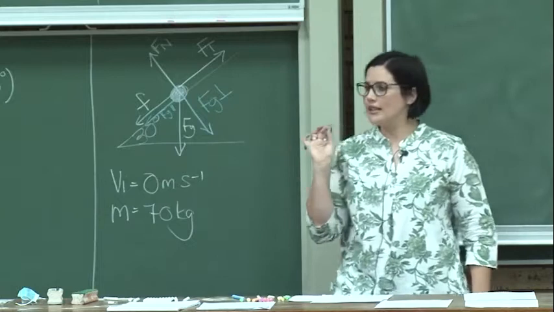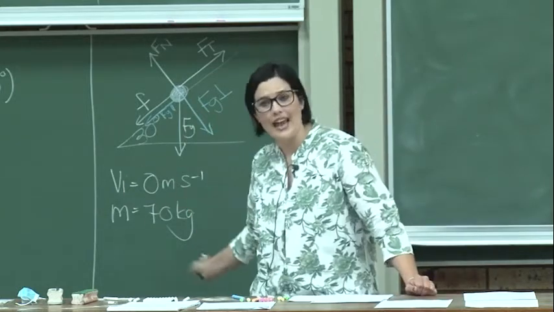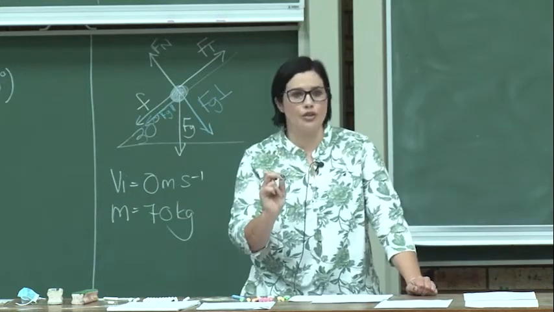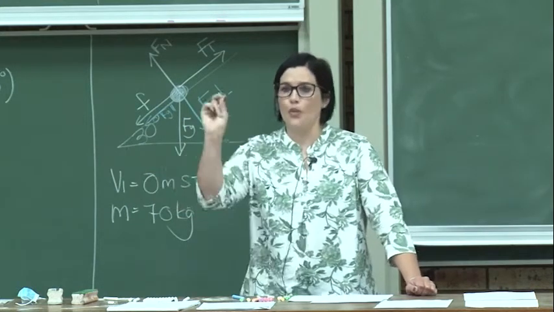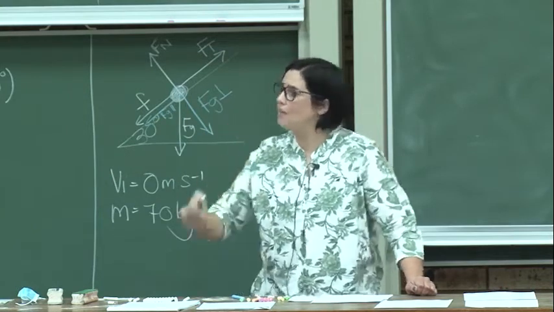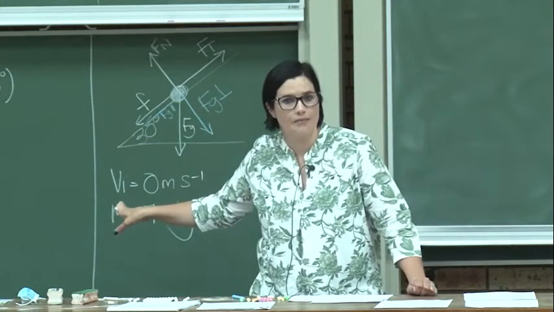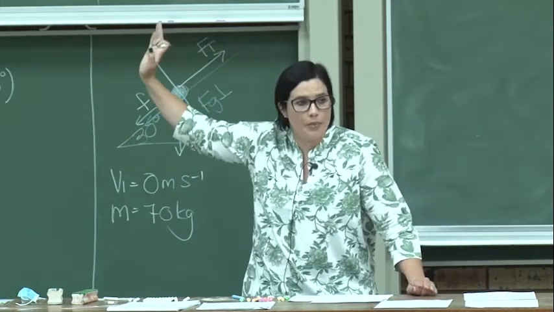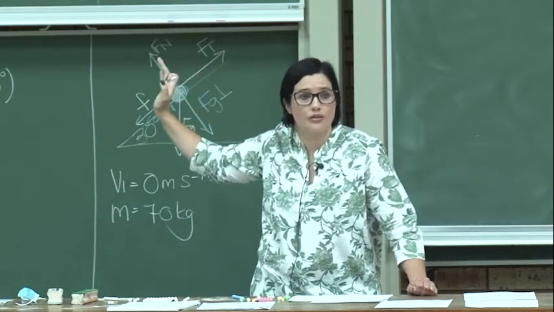So if I decide to use W net, in this case, I'm going to use the work done by the frictional force, the work done by the tension force, and the work done by the parallel component of weight. Where at the top, I used the work done by gravitational force.